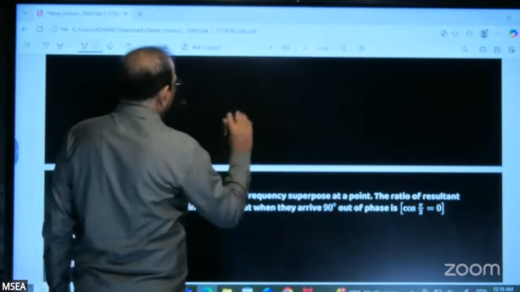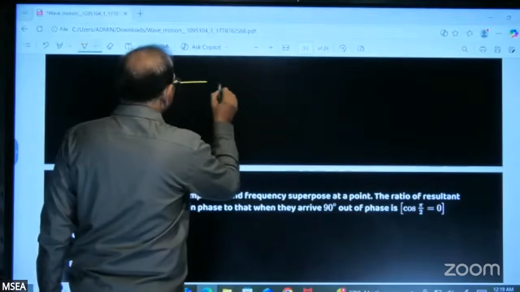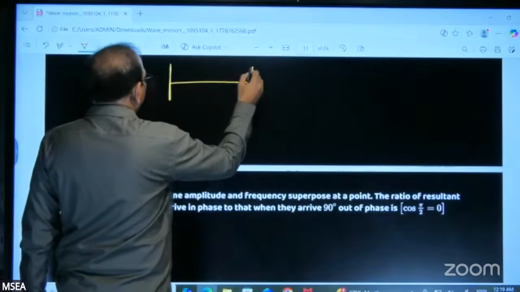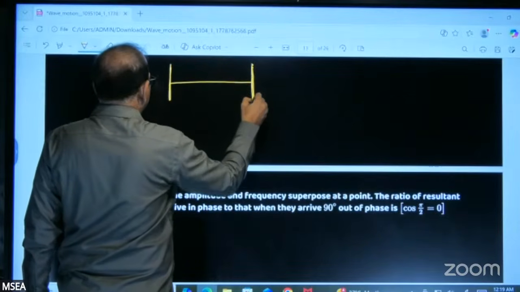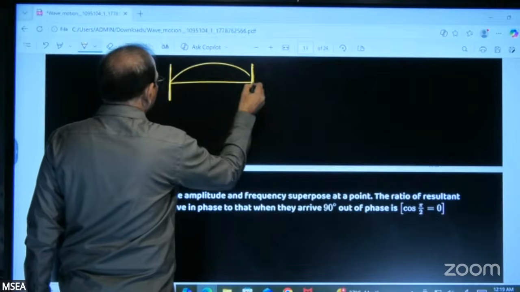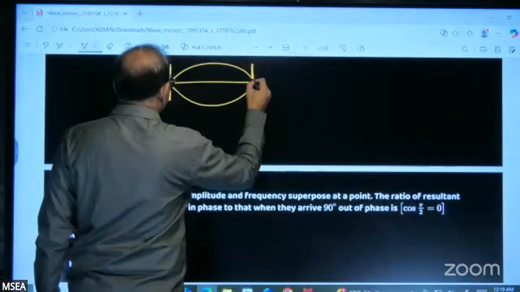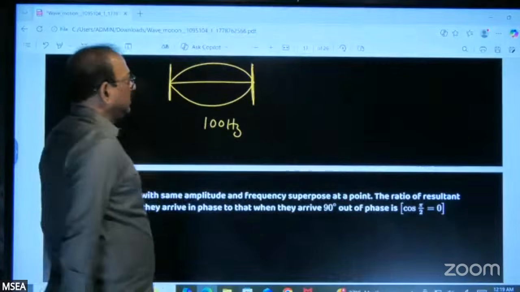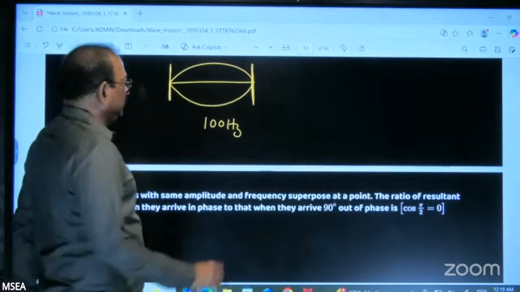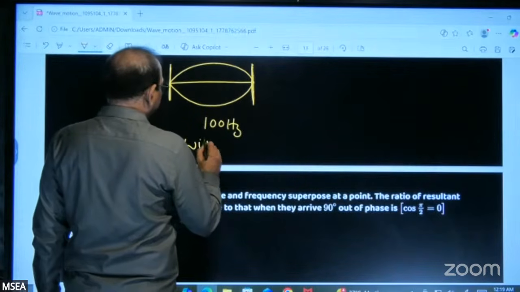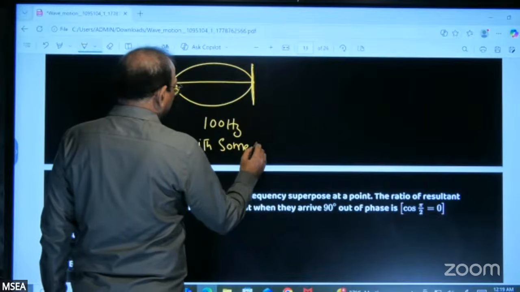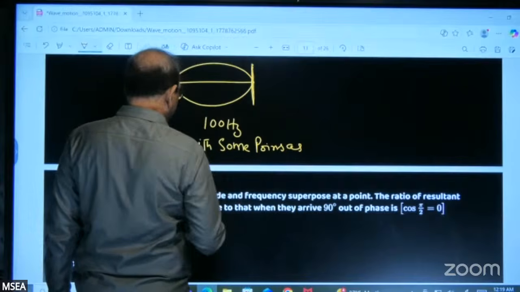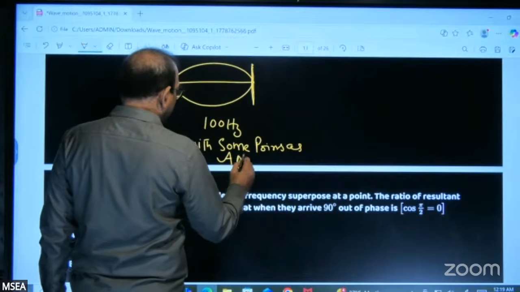One more point I want to discuss about strings. See this question, it is logical. Suppose they give that a stretched string is vibrating with some frequency, suppose 100 hertz, with some points as antinodes.